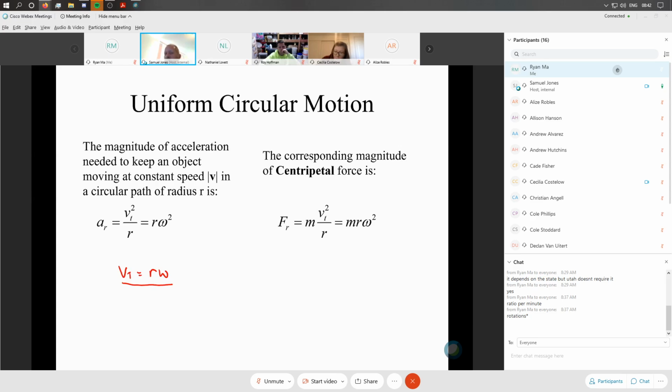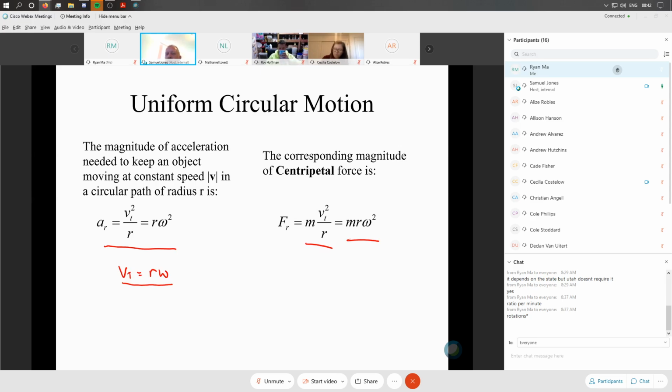F equals ma. If I know this is my acceleration, then I know this is my force. It's just whatever my acceleration is times mass. So when we talk about centripetal force, this is the definition of centripetal force. I just want to emphasize from a conceptual point of view that centripetal force isn't an actual force that you would draw on a diagram.